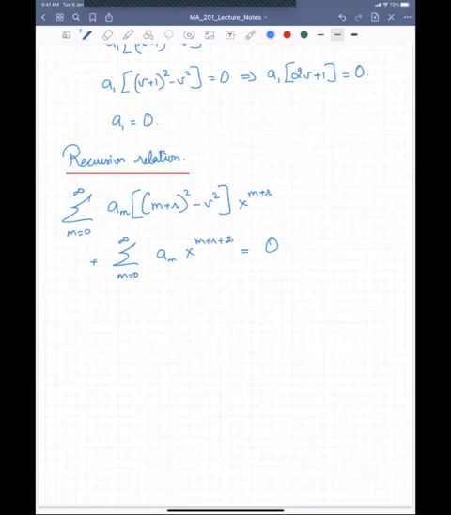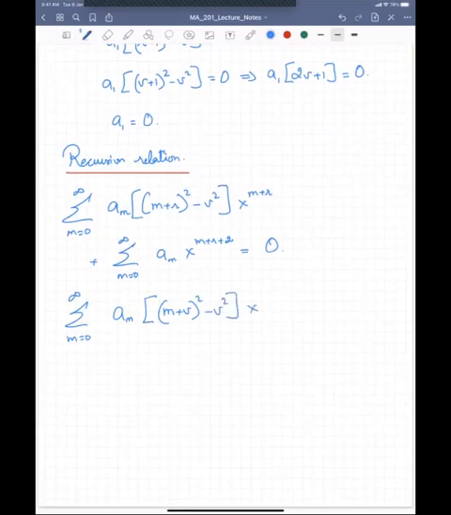Okay. And since we are going to look at r equals nu, let's specialize this to r equals nu: (m plus nu) squared minus nu squared x to the m plus nu, plus a_m x to the m plus nu plus 2 equals 0. Okay.